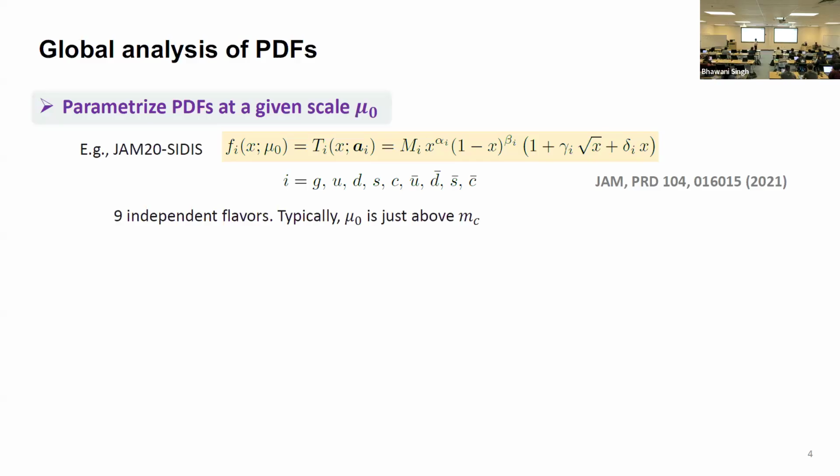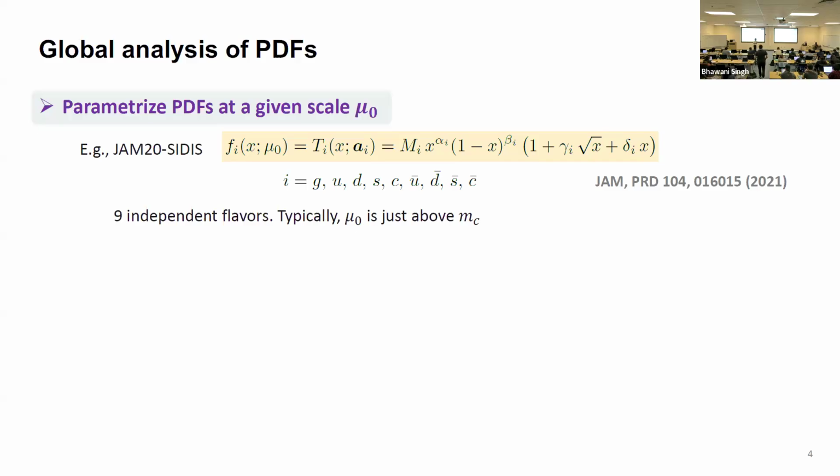And this example is given by the CT18 parameterization. And this parameterization should be done for each flavor, each parton flavor of the proton or any other hadrons. The index i denotes a parton flavor. It can be gluon, can be up, down, strange, charm, and their anti-quarks. So if we stop at charm quark, here we have 9 independent flavors.